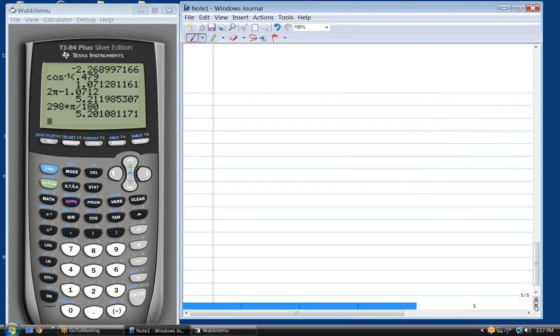Now, just for reference sake, if we're dealing with inverse tangent, and I gave you a positive number, what quadrant are we going to end up in? The first. The calculator will give you the first.